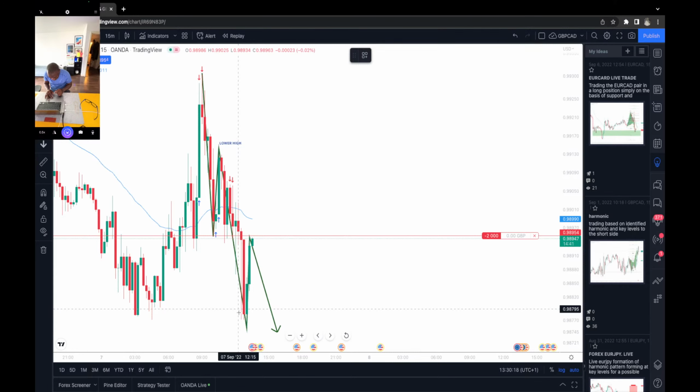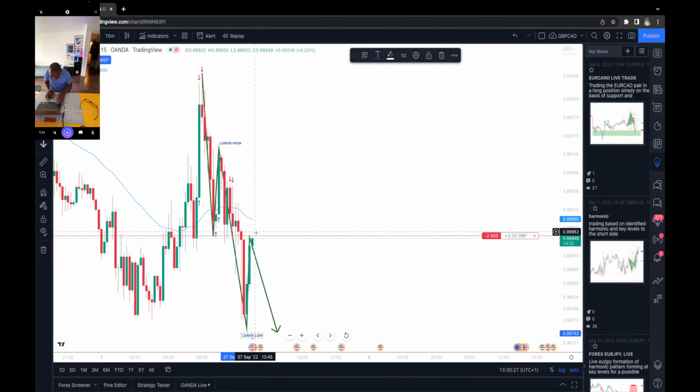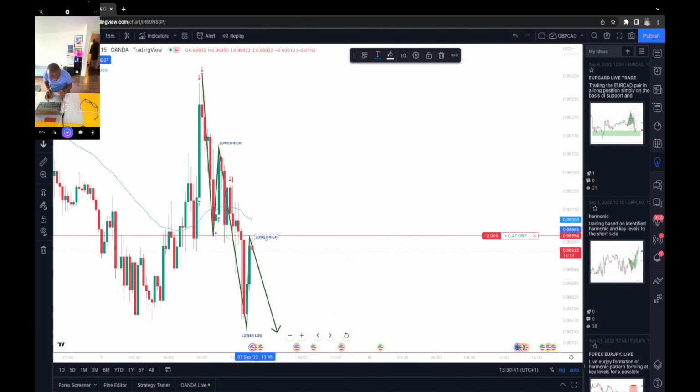Lower low. And then right here should be a lower high.